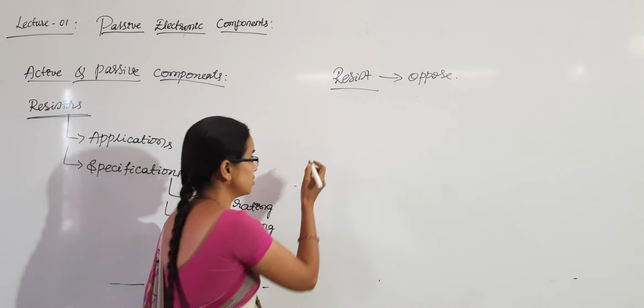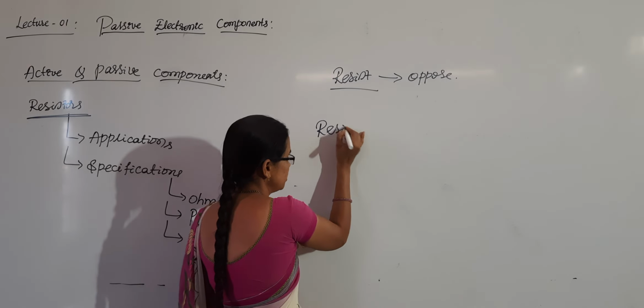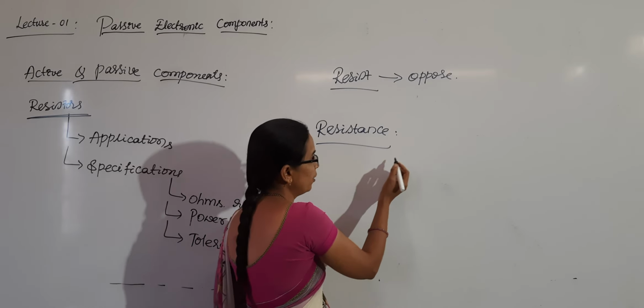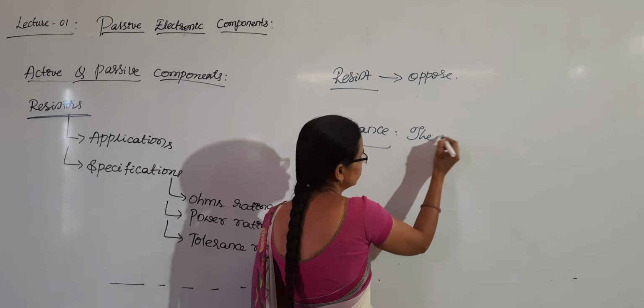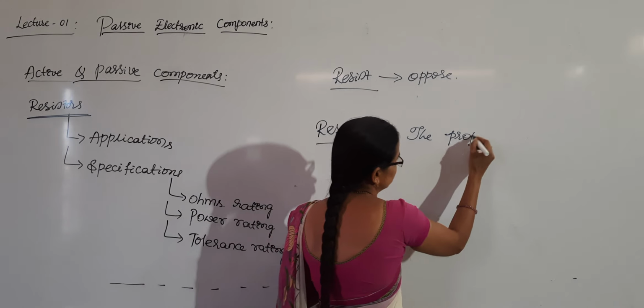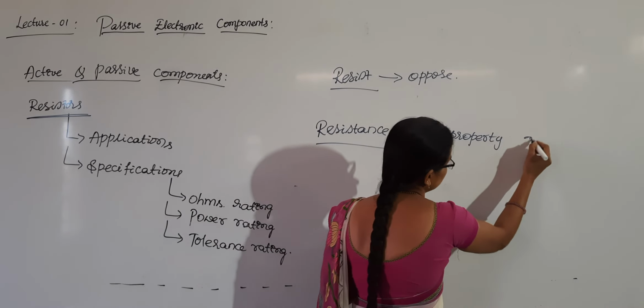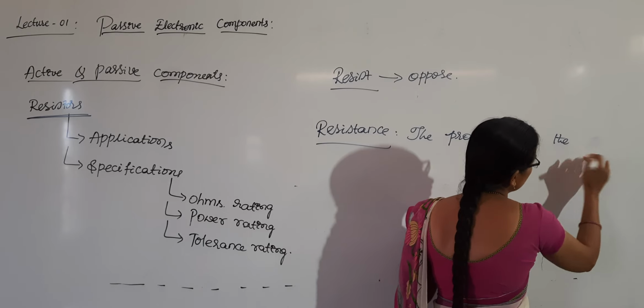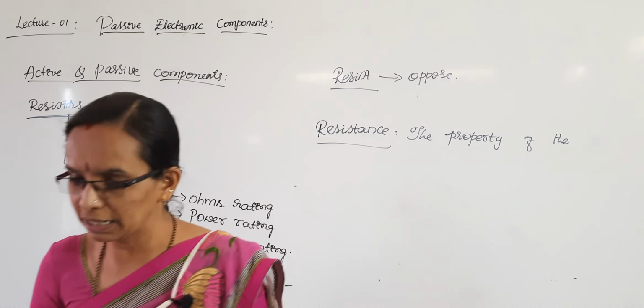What is this resistance? Resistor we have studied. Resistance is the property of the resistor, a property of the conductor or the property of the material you can take.